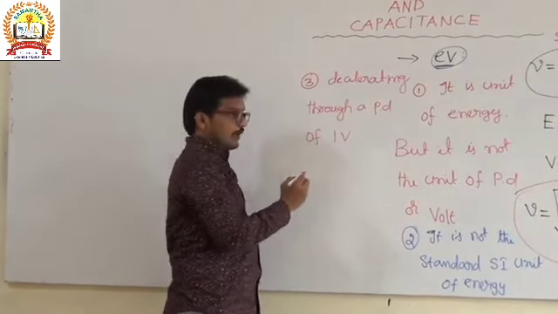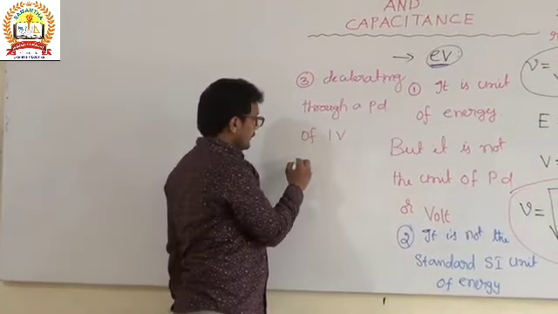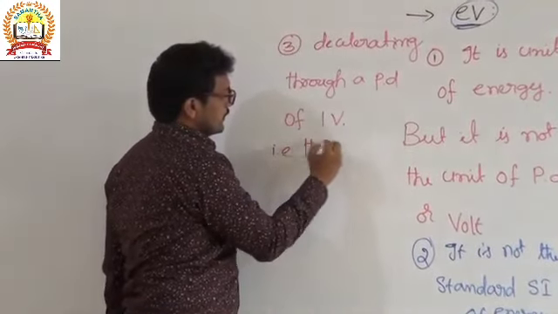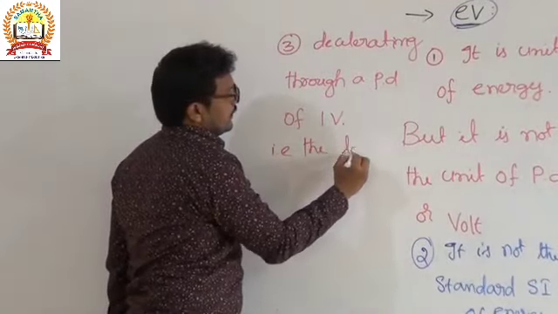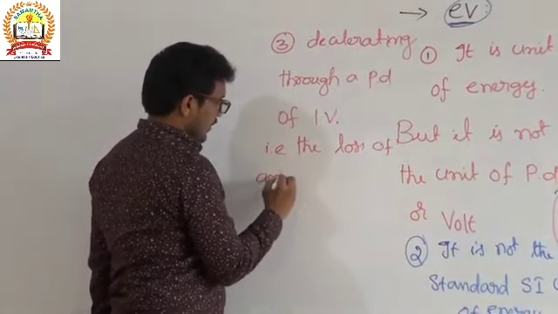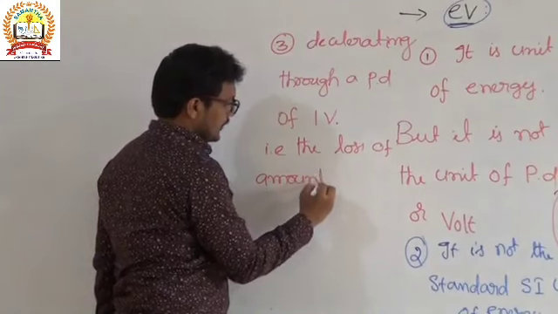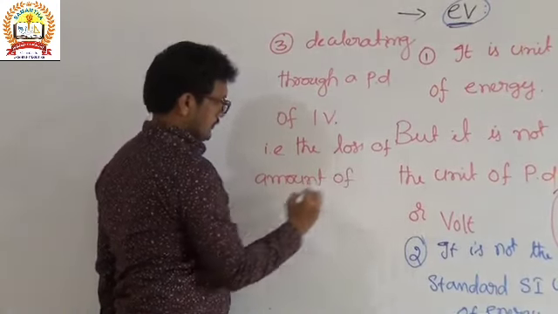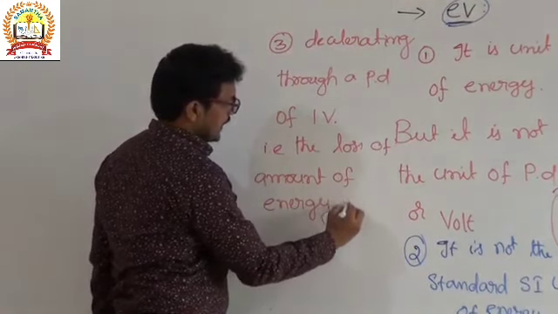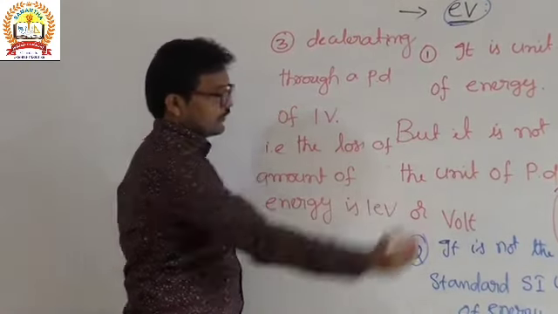So the amount of energy lost is 1 electron volt.